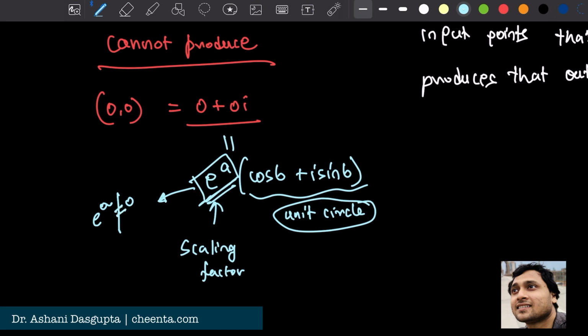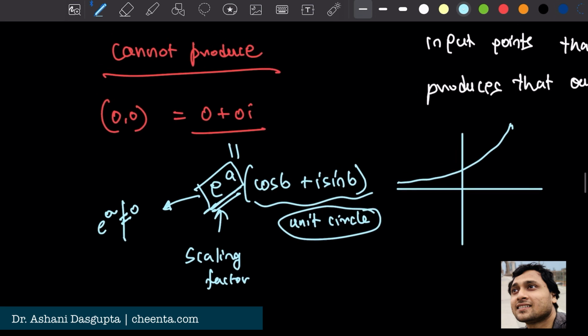If you remember the graph of the exponential function, this is the graph of e to the power x. It never touches the 0 height. Even if you take negative powers, it will become very small, but it will never be 0.